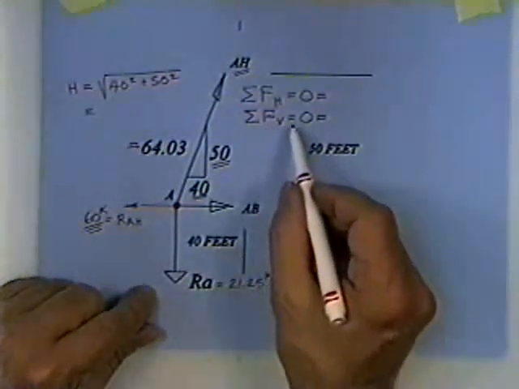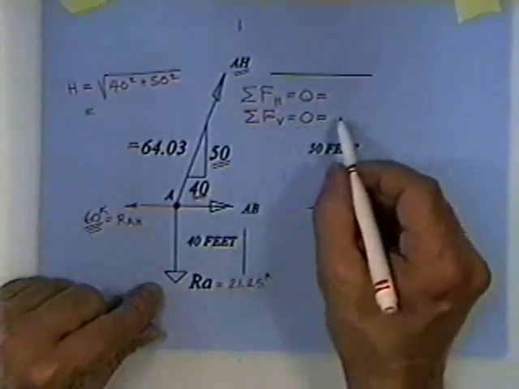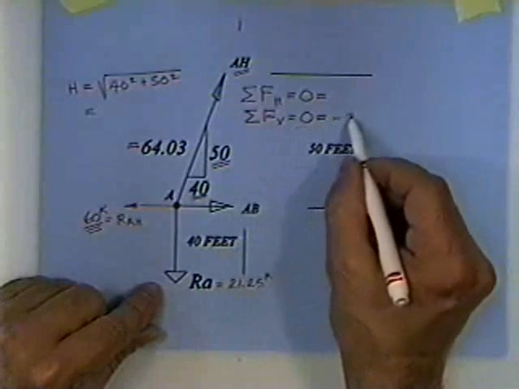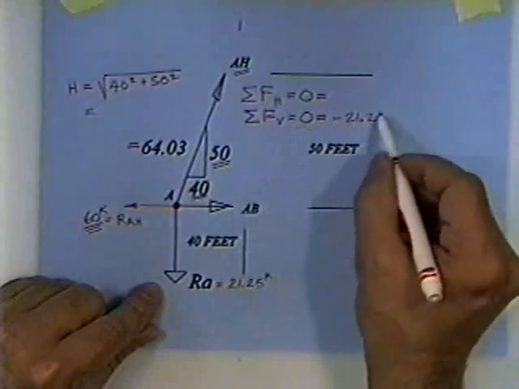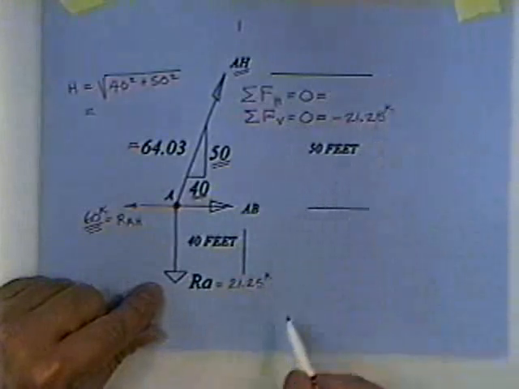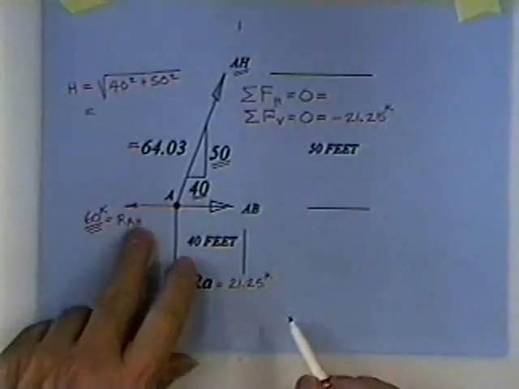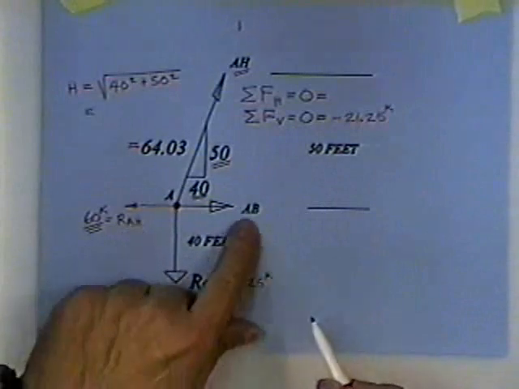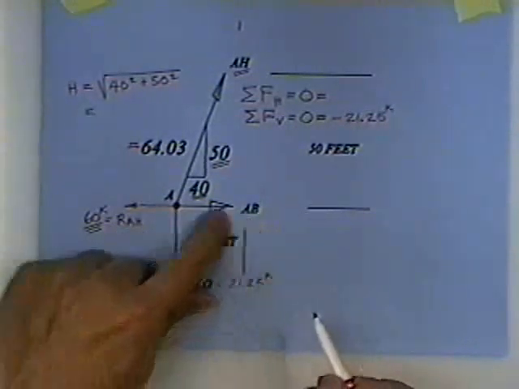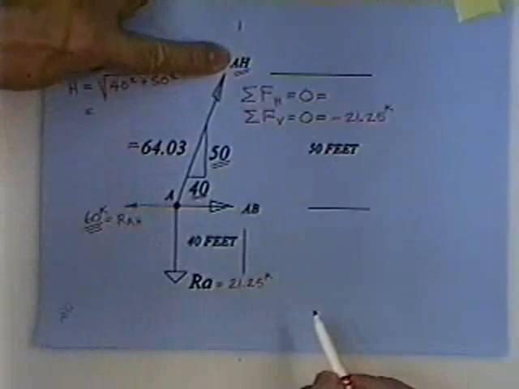Sum forces vertical equals 0 equals minus 21.25 kips acting down. RA horizontal has no vertical component. AB has no vertical component. AH has some.